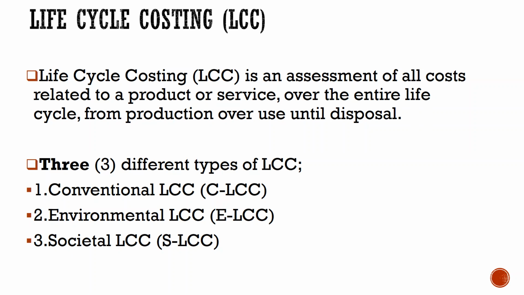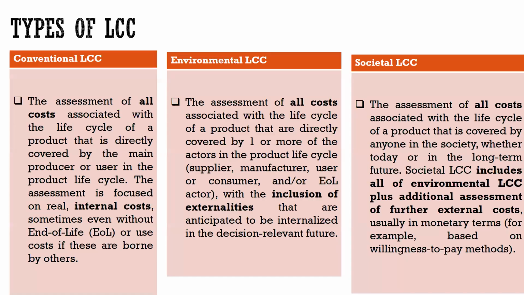We have three different types of life cycle costing. We have conventional life cycle costing, which is CLCC, and environmental life cycle costing, which is ELCC, and we have societal life cycle costing, which is called SLCC.